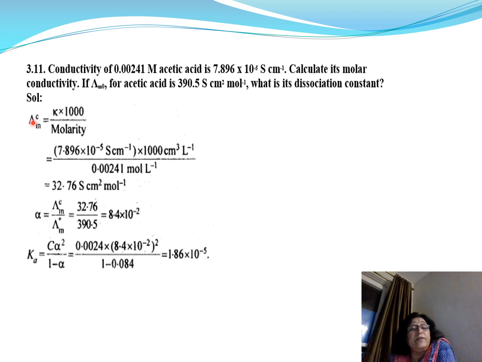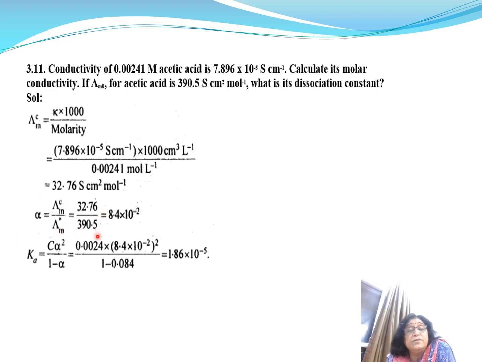So molar conductivity at different concentration can be calculated by kappa into 1000 by molarity. Kappa is 7.896 into 10 to the power minus 5 into 1000 upon 0.00241. This comes out to be 32.76 Siemens centimeter square per mole.